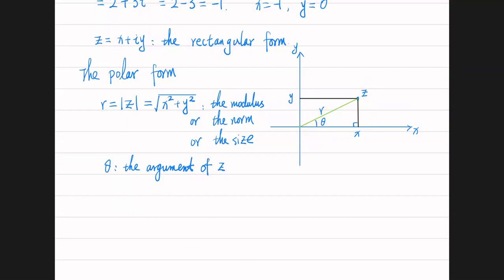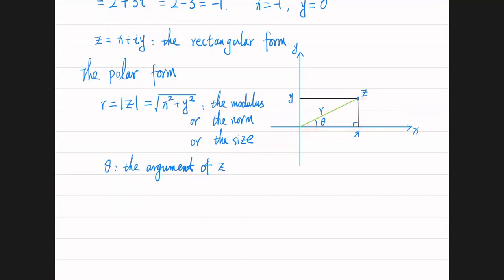Well, we have a right triangle. This side is the hypotenuse. This angle is theta. What about this one? What is the other side? This is x, this is y.